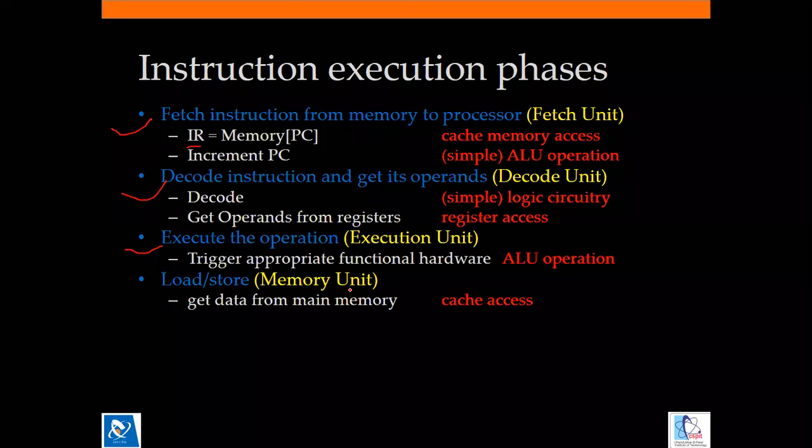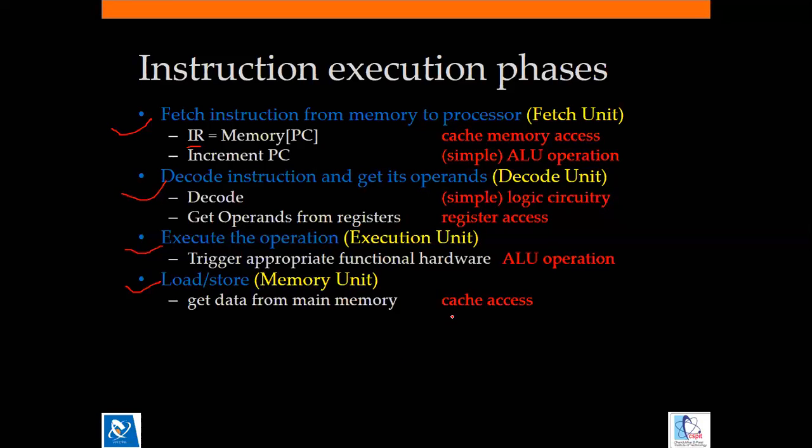Okay, and if the instruction is a load, in that case whatever data is there in the memory should be returned to the destination register, and this particular phase is known as the load or store operation, right?